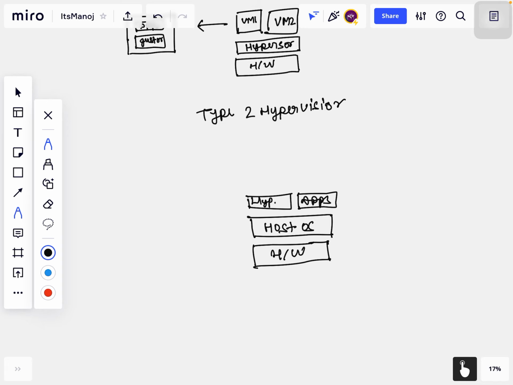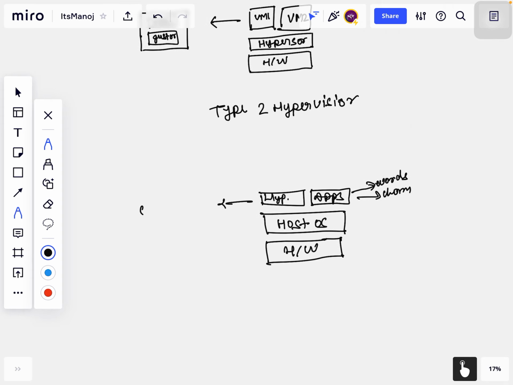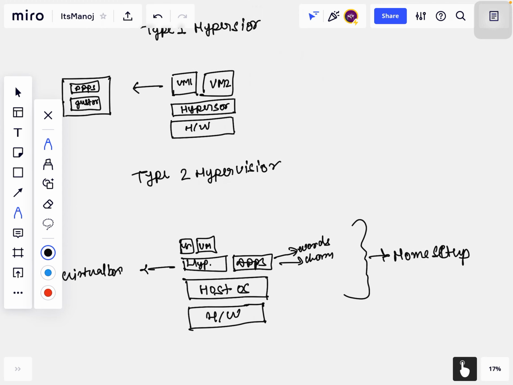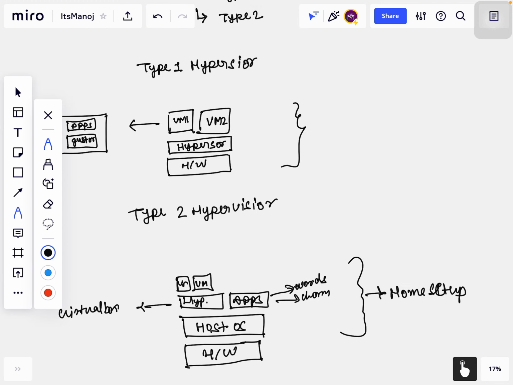Let's suppose on your machine you have Windows, Office, Word, Chrome, and you install a hypervisor like VirtualBox, and over there you can create your VMs. The type 2 hypervisor you usually use in your home setup, not in enterprise, but the type 1 hypervisor we usually use in enterprises.